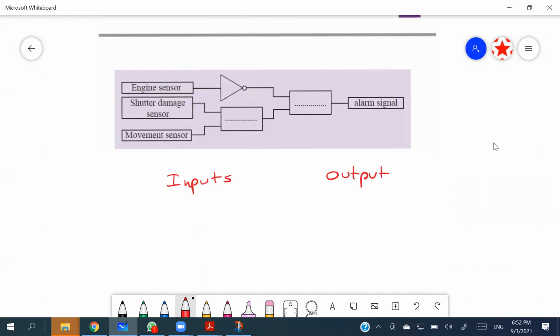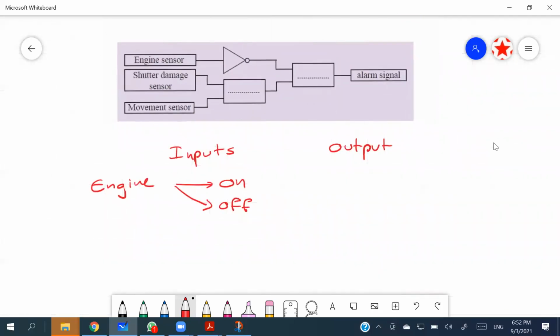Now, if we clarify the things into our method, what are the inputs and what is the output? The first one is going to be the engine, right? Now engine has 2 states, which is on and off, right?